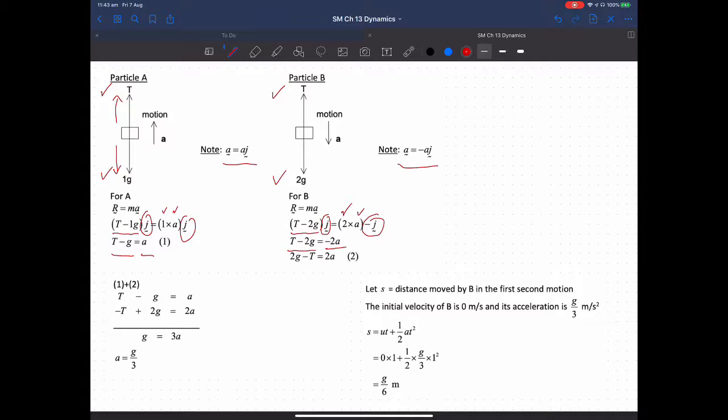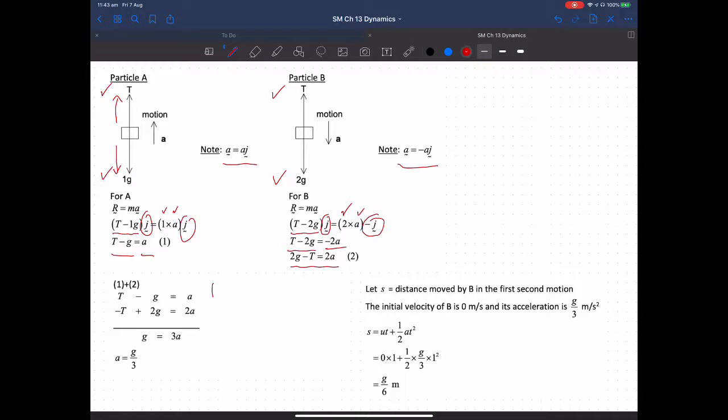I have then multiplied through by a negative so that I get positive 2a. So I have 2g minus T equals 2a. Again, g is a constant, T and a are variables, so we now have simultaneous equations.